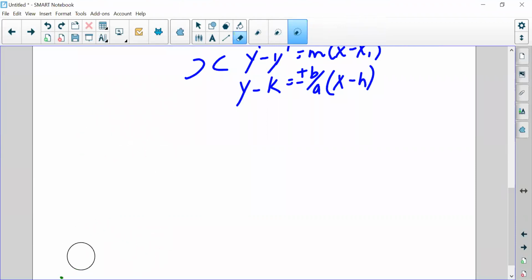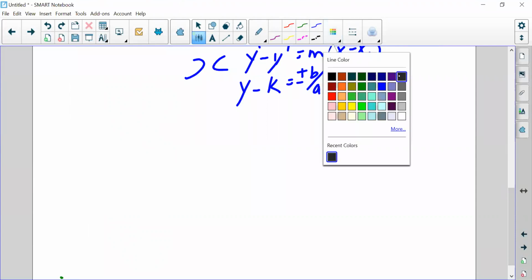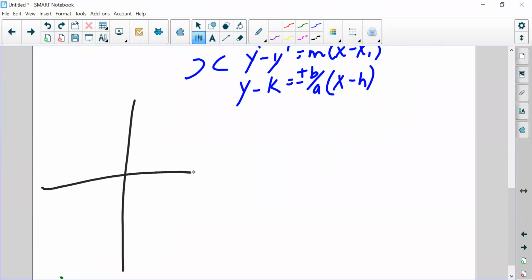I have my X and Y axis, and we'll make the center at 0, 0 in this case. This time my Y's change, so I'm going to go up A and down A.